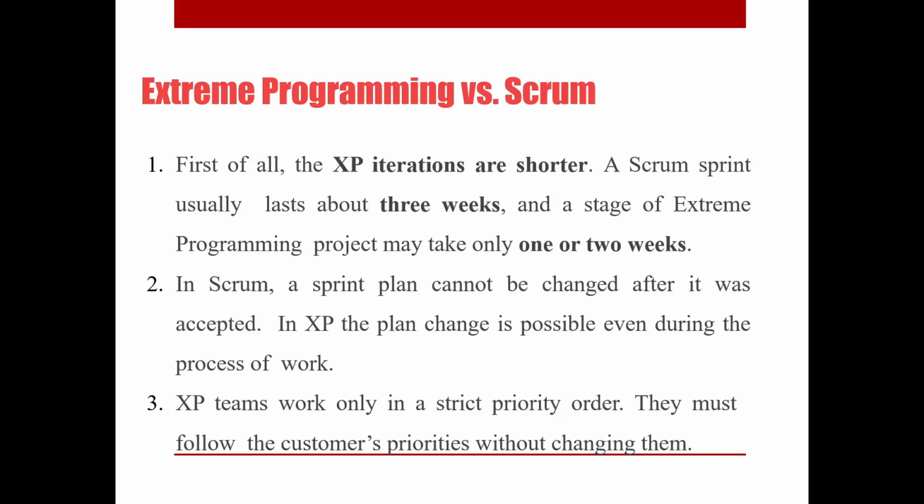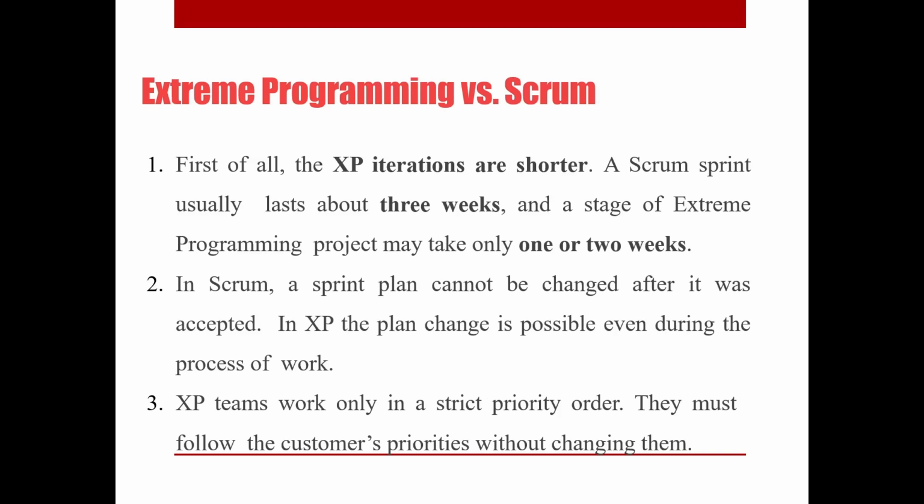In the Scrum framework, the team works in iterations called sprints, which go on for 1 to 2 months. However, in extreme programming, the team works only for 1 to 2 weeks. The Scrum model does not allow changes in its timeline or guidelines. However, extreme programming allows changes in its timelines.